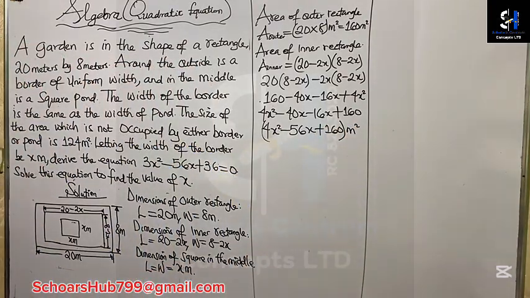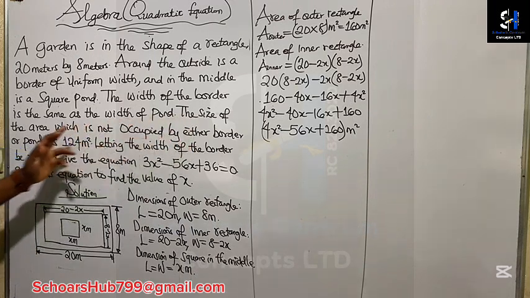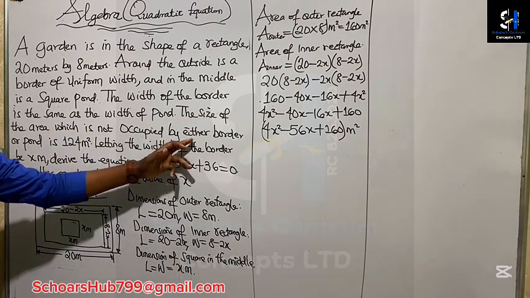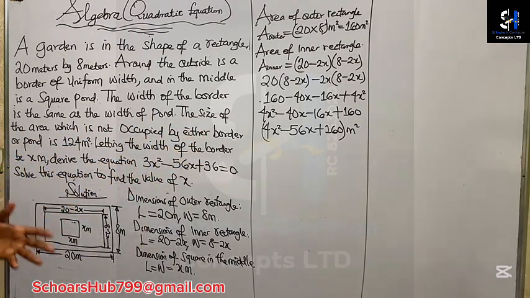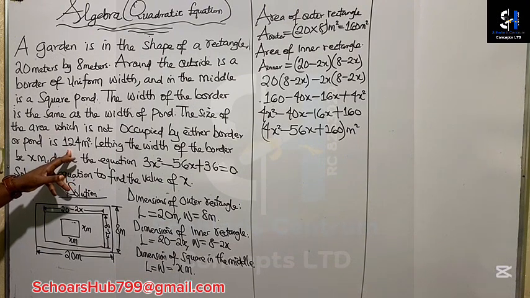Okay, so we want to derive this equation. We have that the size of the area which is not occupied by either border or pond is 124 square meters.